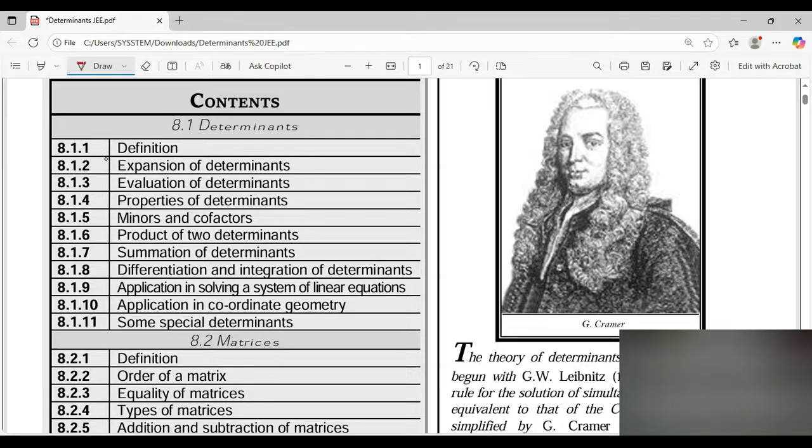Today we shall discuss the definition of determinant, expansion of determinants, evaluation of determinants, properties of determinants, minors and cofactors of determinants, product of two determinants, summation of determinants, differentiation and integration of determinants, application in solving a system of linear equations, application in coordinate geometry, and some special determinants.